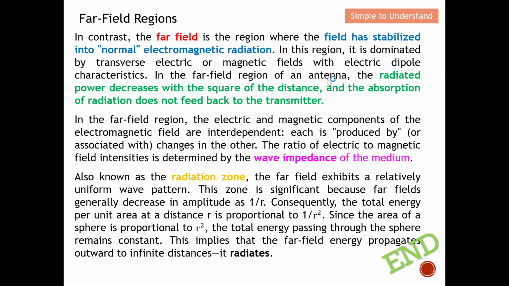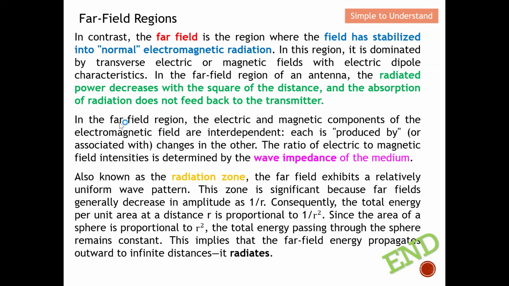In the far field region of an antenna, the radiated power decreases with the square of the distance, and the absorption of radiation does not feed back to the transmitter. Because they are already very far, the absorption of radiation will not be able to feed back to the transmitter.